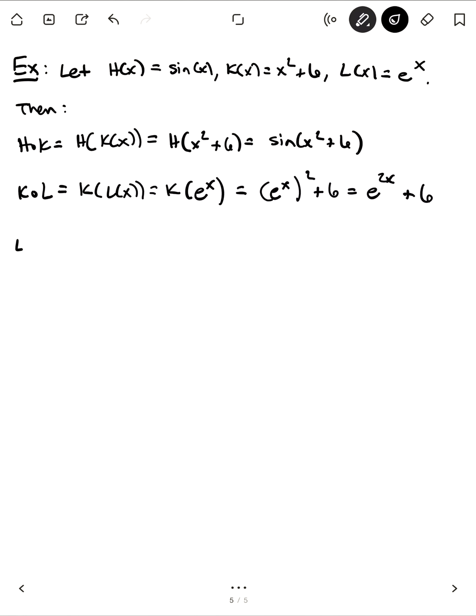And lastly, L∘h is L of h of x, which is L of sine of x, which is e to the sine of x. And so as you can see now, we're getting some really interesting functions.